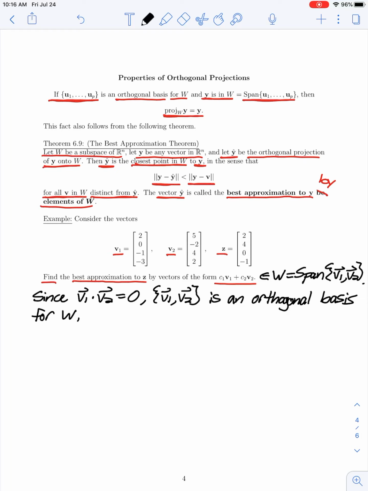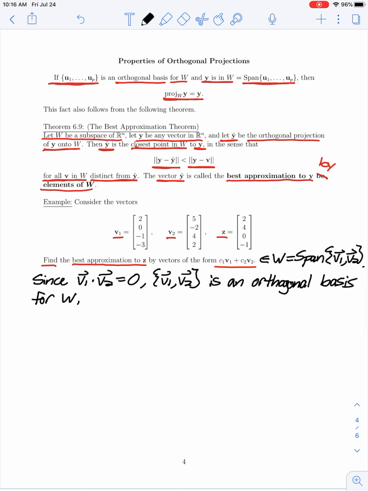So to get our best approximation of the vector z by elements of the subspace W, we need the orthogonal projection of z onto W. Using the same theorem, theorem 6.8, we would need to compute the dot product of z with each of our basis vectors, v1 and v2.